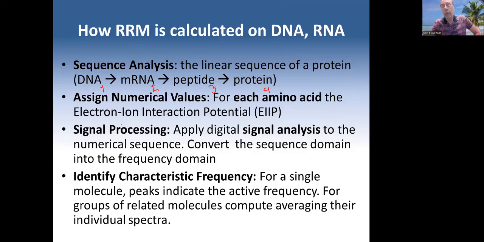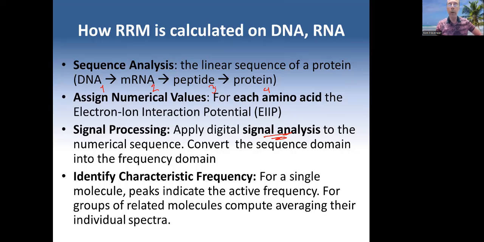related to the charge of the amino acid. Then they do a digital signal analysis of the sequence to find a frequency. And they did find for all those different molecules a specific active frequency range, related to the molecule on the basis of the change in the link.